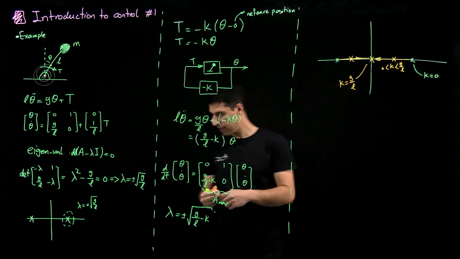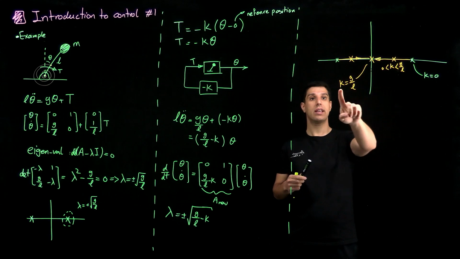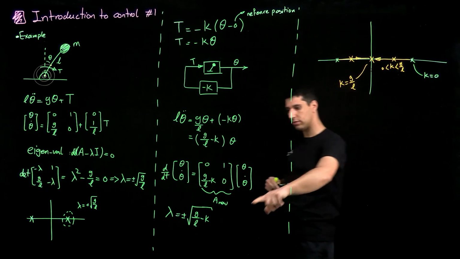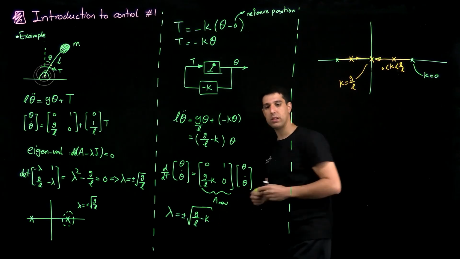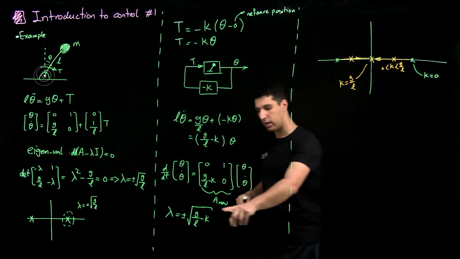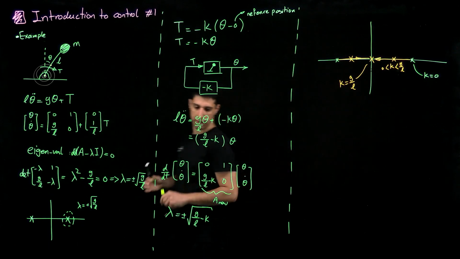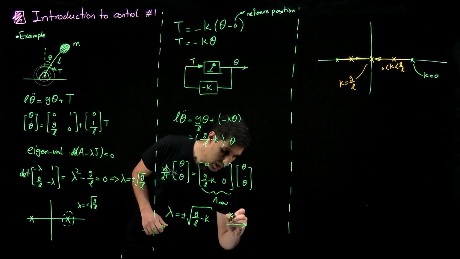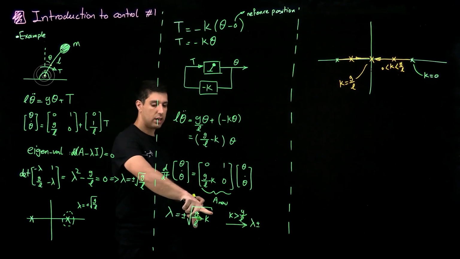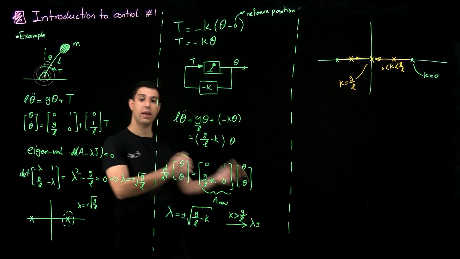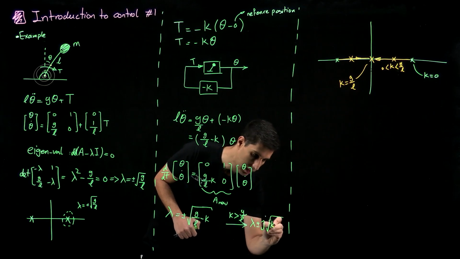But funny enough, as my K increases beyond G over L, now this positive number G over L, a bigger number is subtracted from it. So I end up with a negative number under the square root, which means if my K is bigger than G over L, my lambda will be plus minus, it is going to be a negative number, so I can take out the negative. It becomes j square root of K minus G over L.